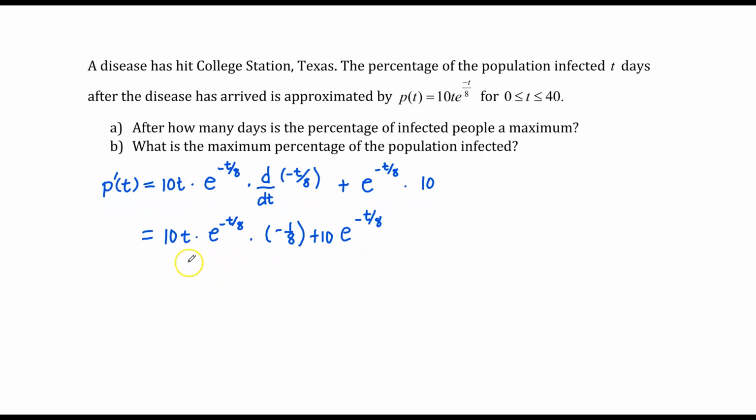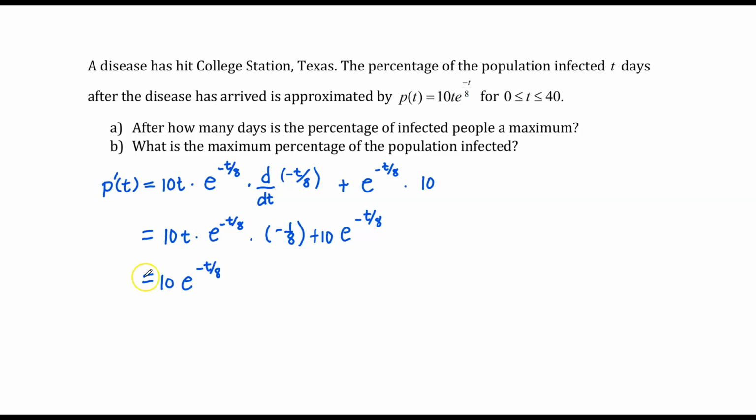Next is to factor this out, since it would be easier to solve for t when we factor this out. So let's look at each term and find the common factor. Note that each term contains 10 and e to the negative t over 8.